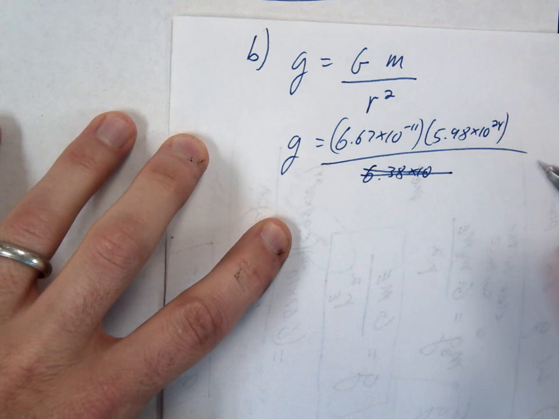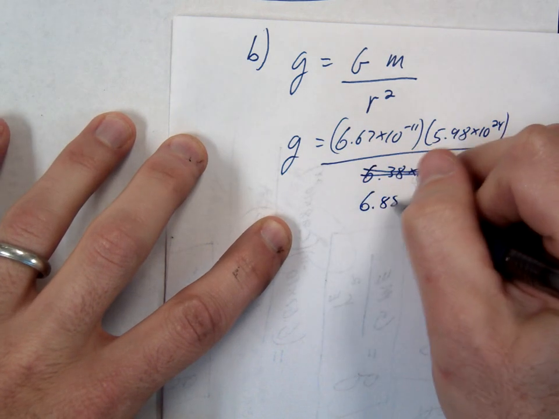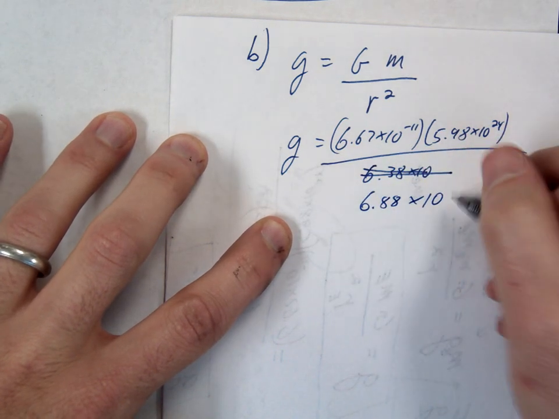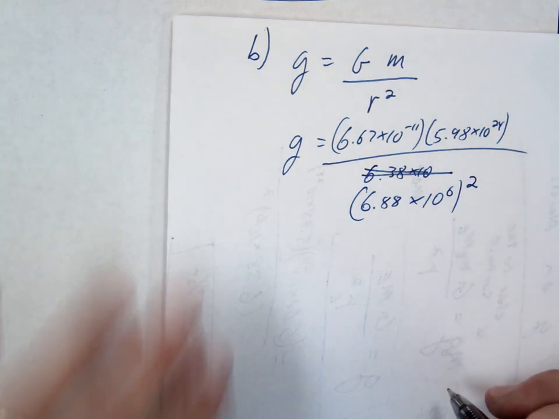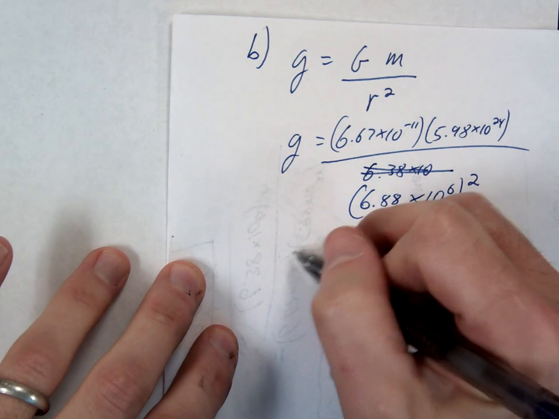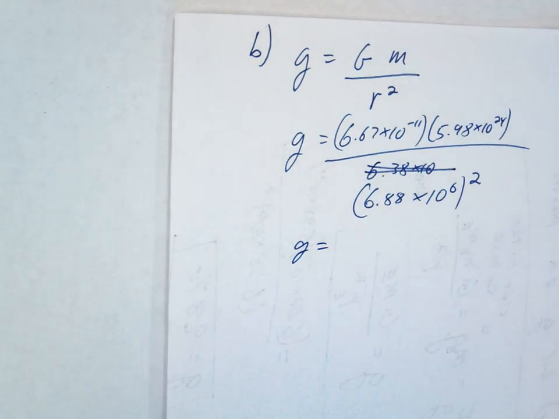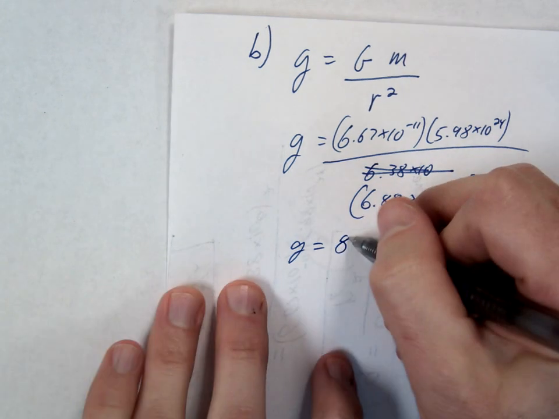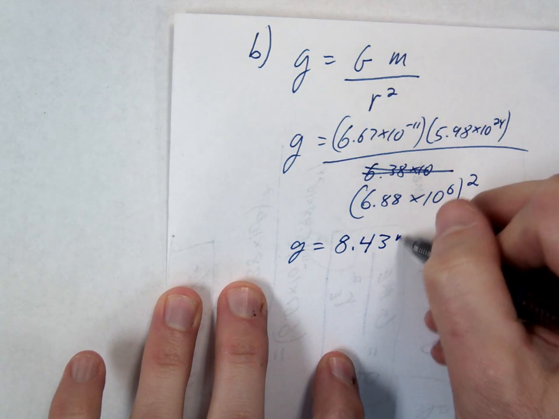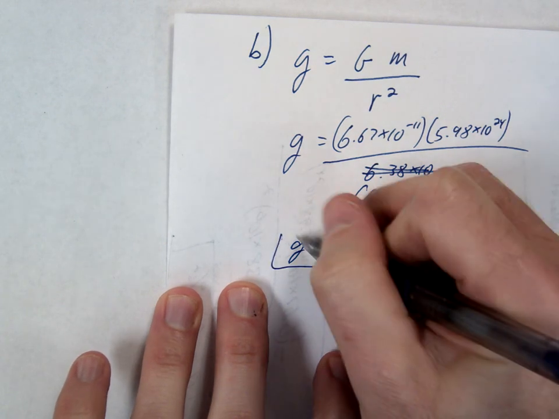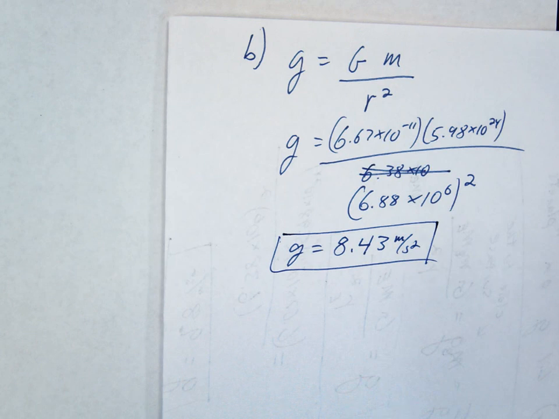Not 638. 688, 10 to the 6. I'm getting 8.4. 8.43. Okay, just as we suspected, it did decrease.